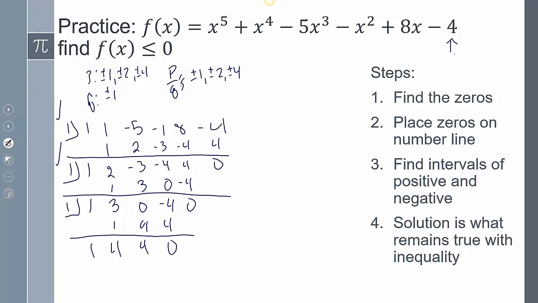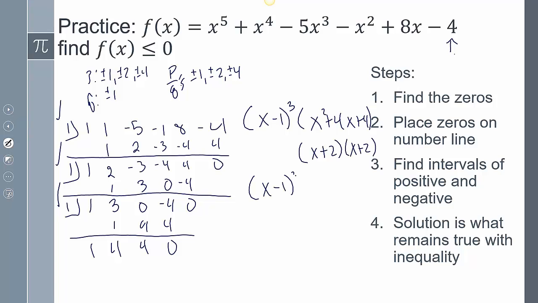Look at that. It works again. So I have 3 of them. Now, having said that, I have 3 of these ones as my zero. And now I'm left with x squared plus 4x plus 4. And so that'll factor into x plus 2 times x plus 2. And so I get this x minus 1 cubed, and then this x plus 2 squared as my answer.